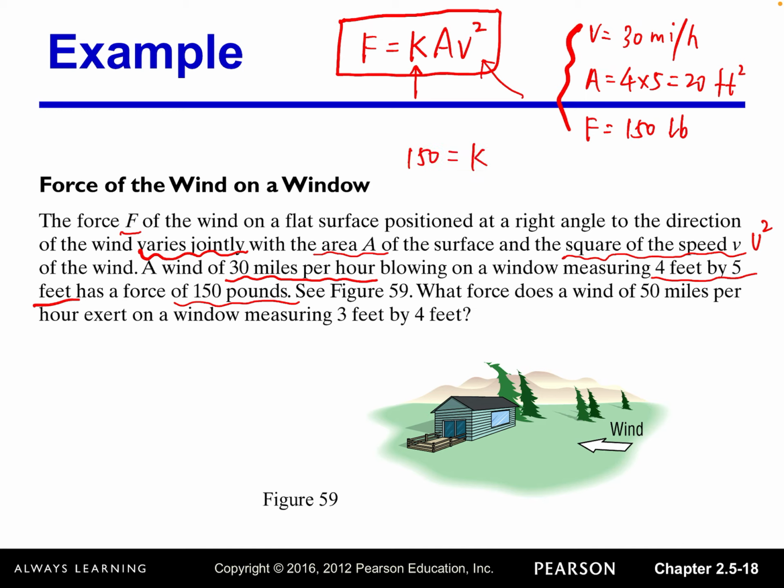So 150 equals K times A, which is 20, and then times 30 squared, V squared.